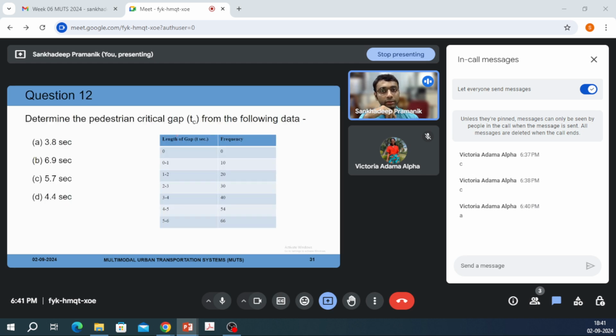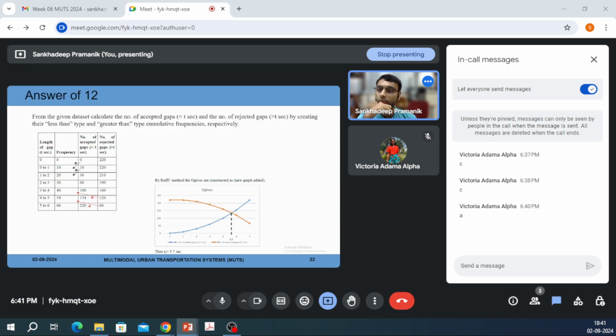Next is, determine the critical gap from the following data. The length of the gap is given and the frequency is also given. You may need to draw the graph for this one, so I'll just discuss it.